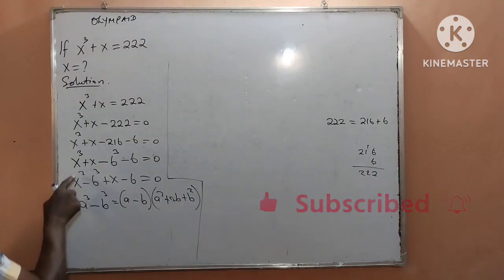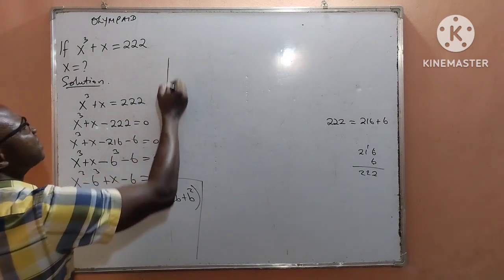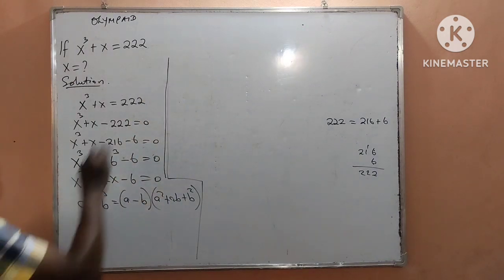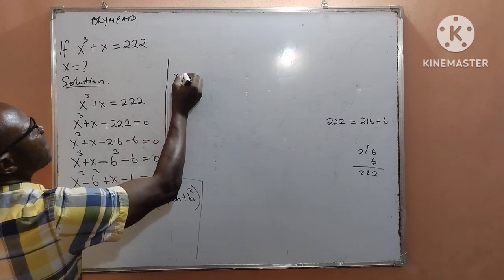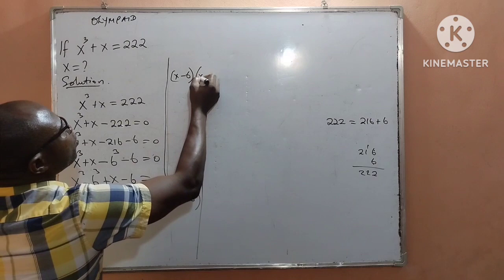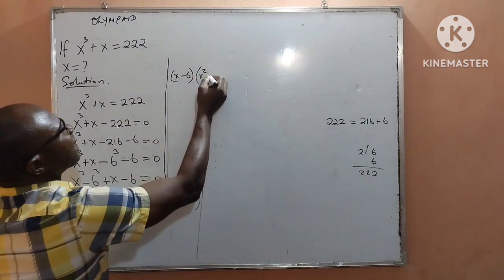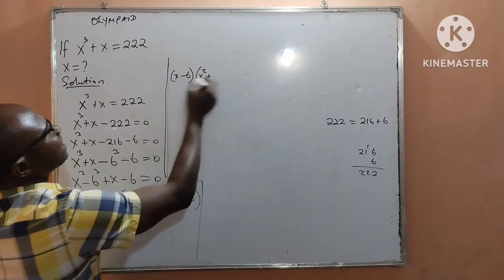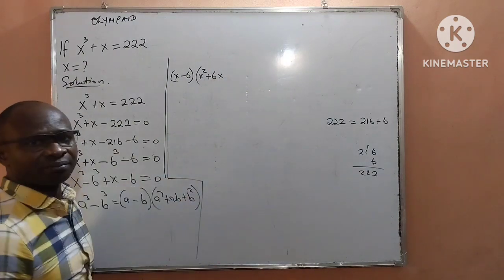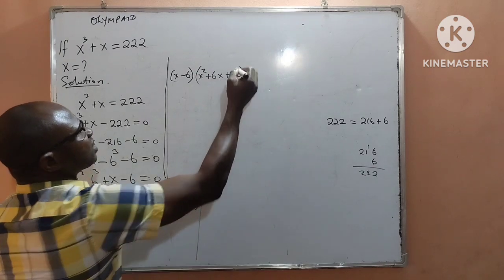Therefore, x to the power 3 minus 6 to the power 3 can now be written as x minus 6 into x squared plus 6x plus 6 squared, which is 36.